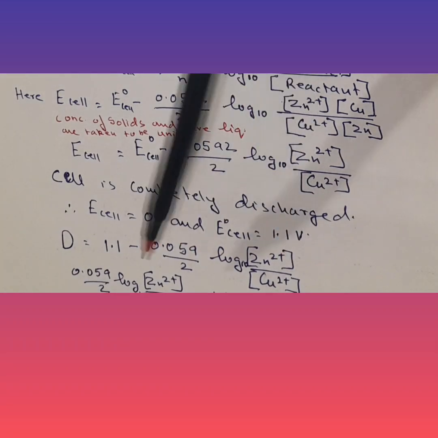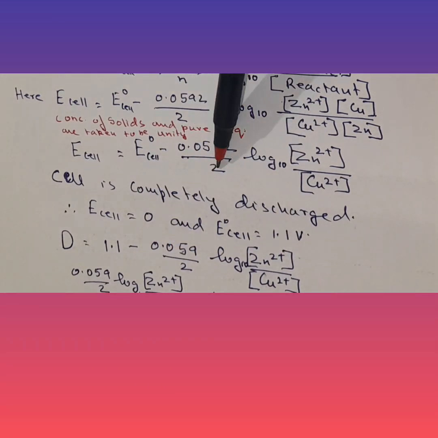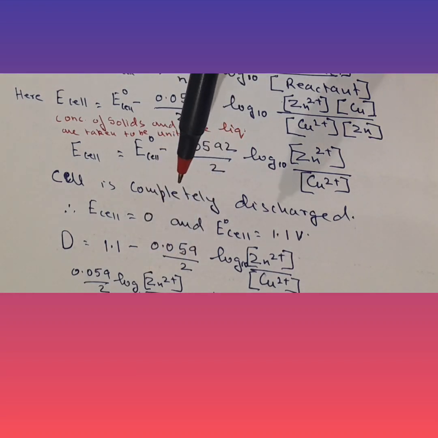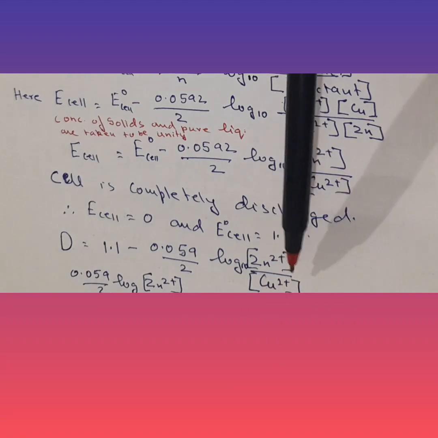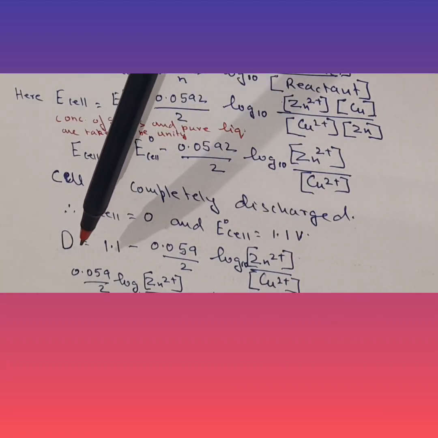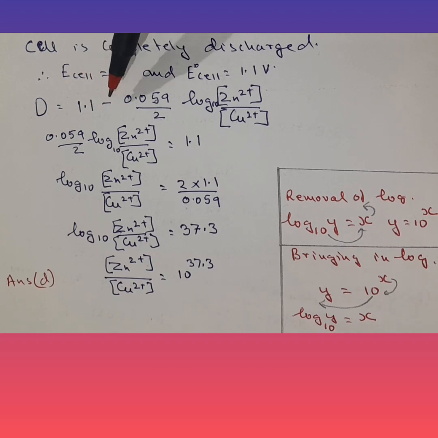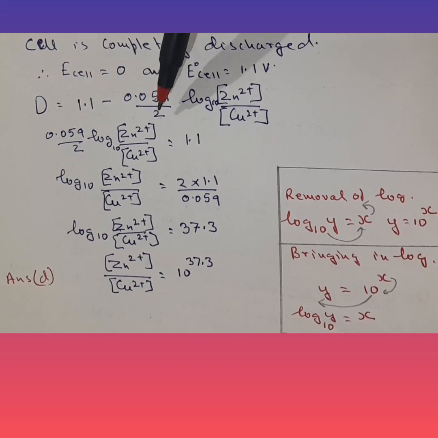And n we have already put in as 2, because it is an exchange of 2 electrons. So till this part, there's no confusion, I presume. Now, 1.1 minus 0.059 upon 2.